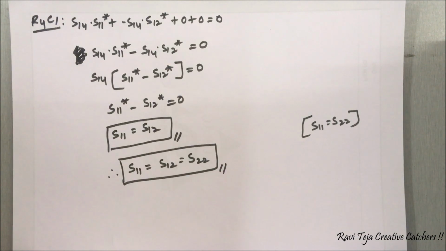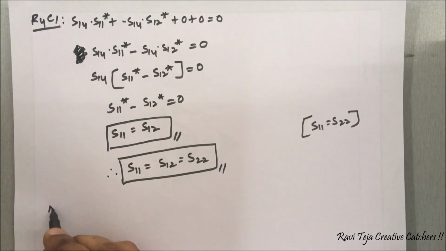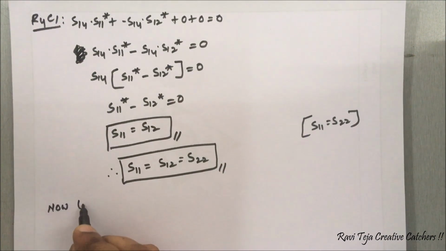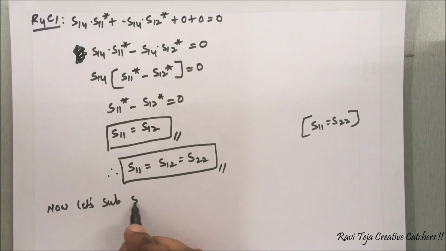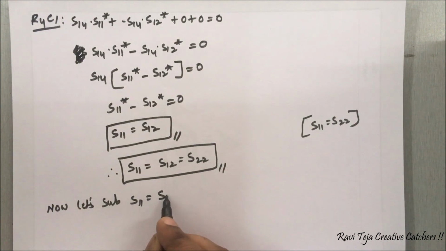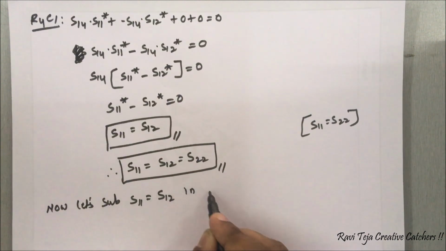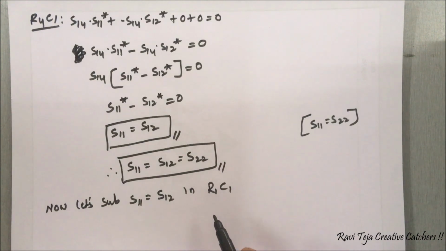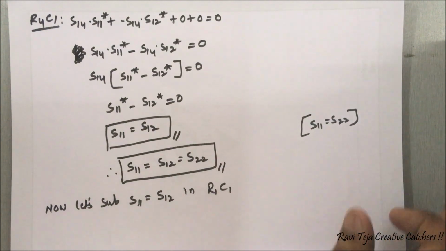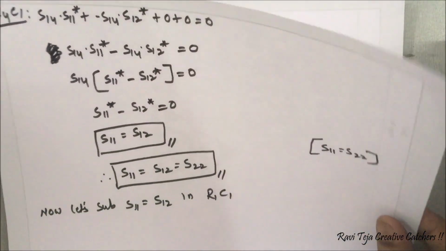Now let's substitute S11 is equal to S12 in R1C1. Whatever the equation is there of row 1 and column 1, we need to substitute S11 is equal to S12.